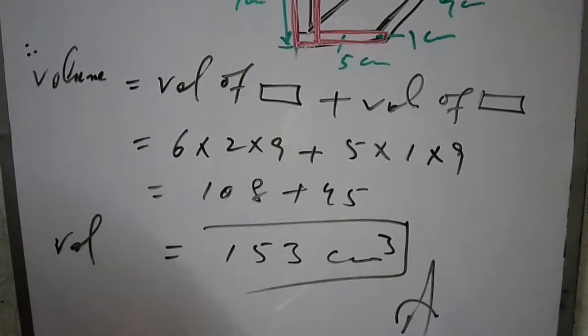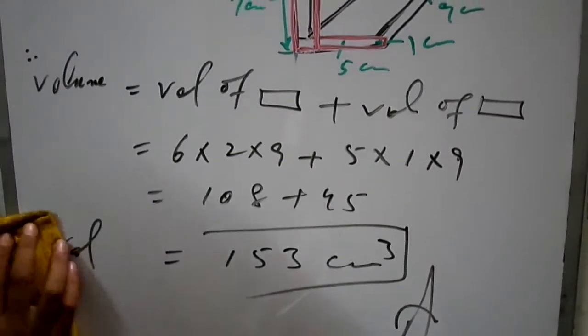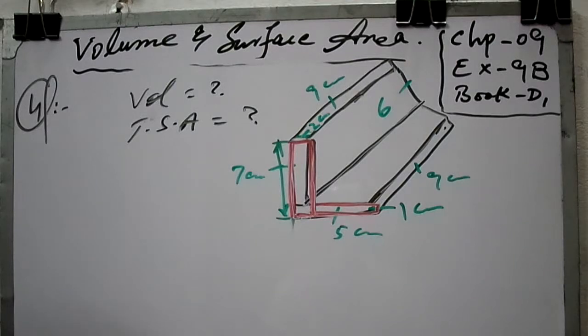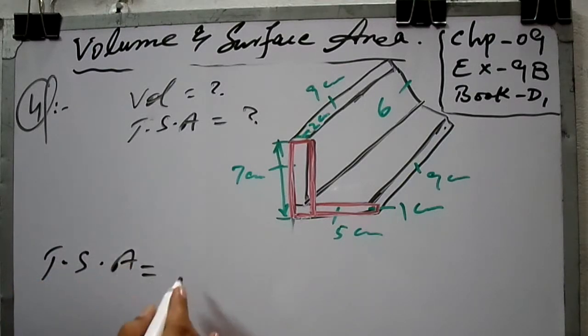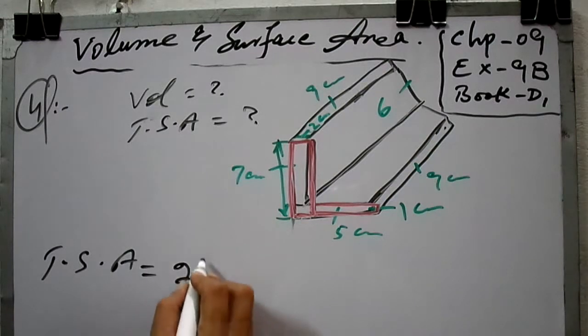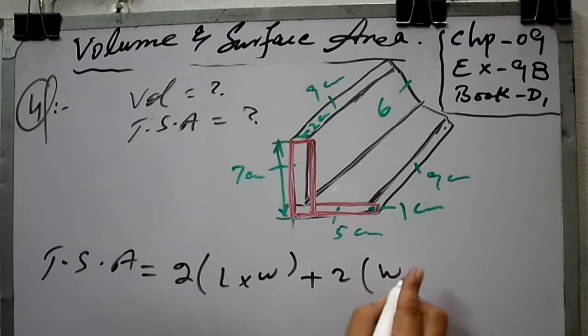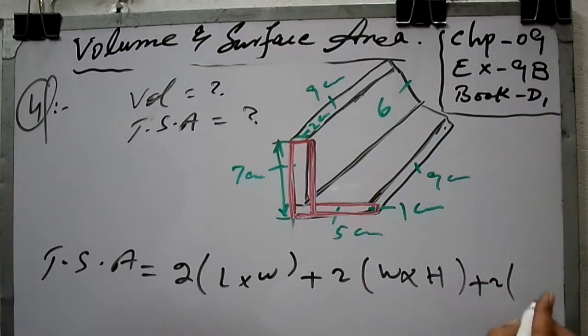So the total surface area of the same figure is, you can see, total surface area is equal to, we have a formula, that is 2 into length into width, width into height, and height into length.